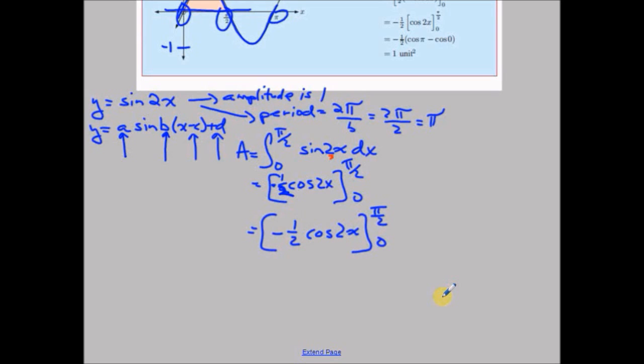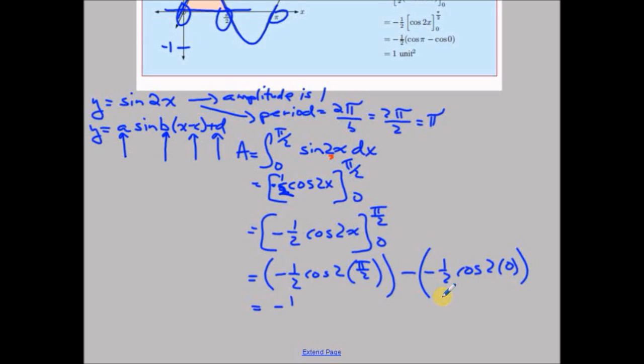Now, never assume with trig functions when we're substituting in 0 that your answer for that is 0. Always do the substitution. So substitute in pi over 2 and subtract that from substituting in 0. Again, I'll do lots of steps as I always do. -1/2 cos pi.